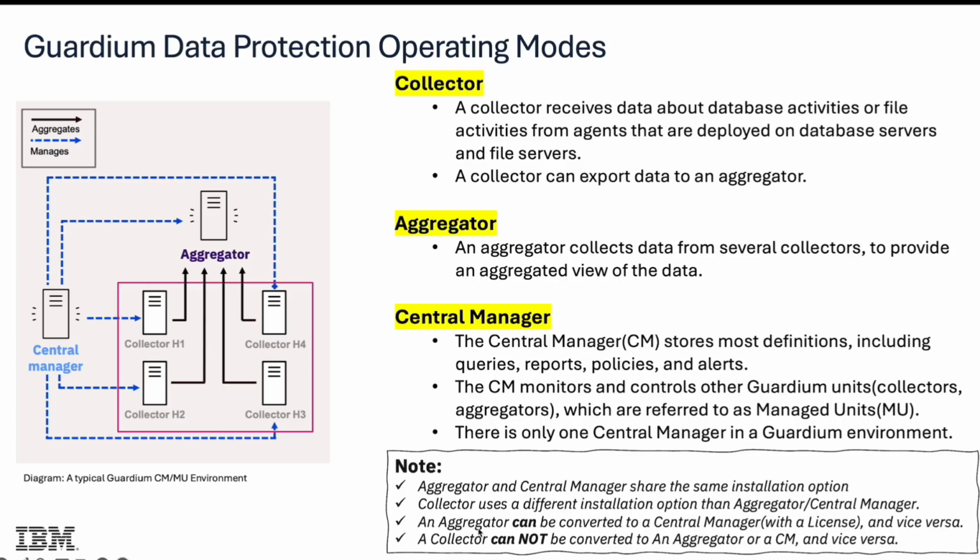After applying a license, an aggregator can be converted to a central manager and vice versa. However, a collector can never be converted to an aggregator nor a central manager, and vice versa. Therefore, it is very important that before installation, you must decide whether you want to install a collector type or an aggregator type.